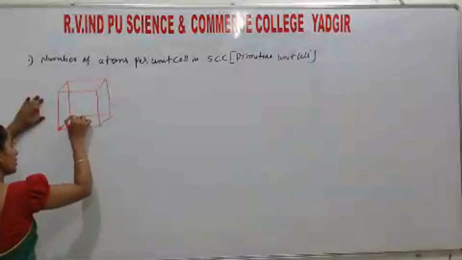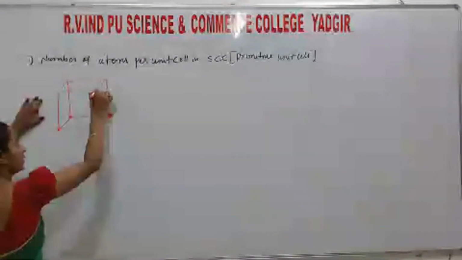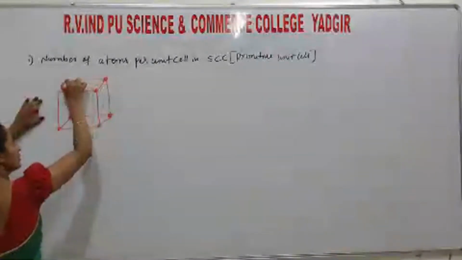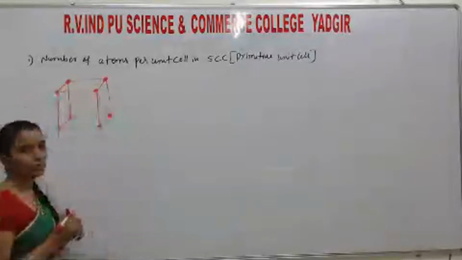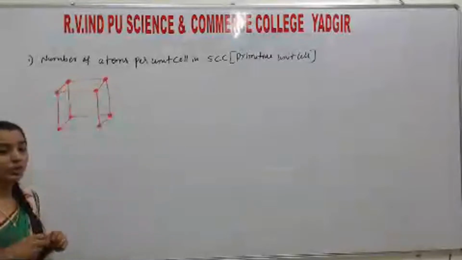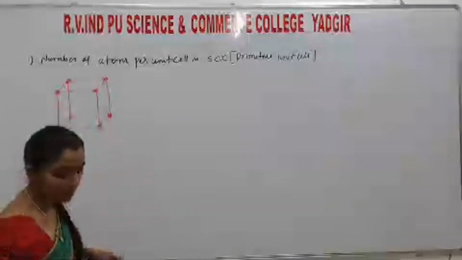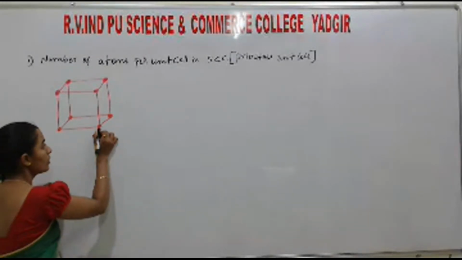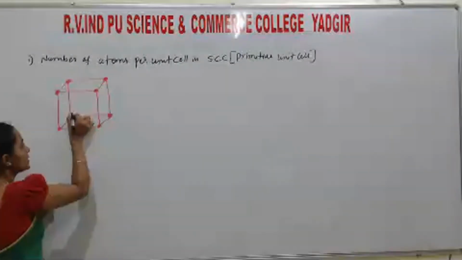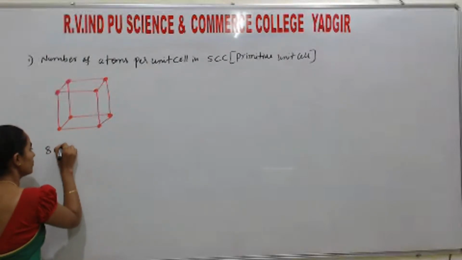Primitive means the constituent particles are present only at the corner positions. Here the total number of atoms at the corners is 1, 2, 3, 4, 5, 6, 7, 8. Okay, total 8 atoms are there.